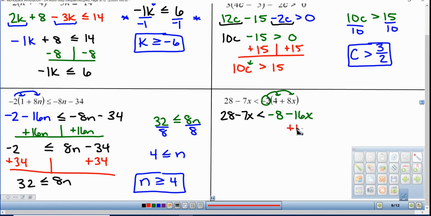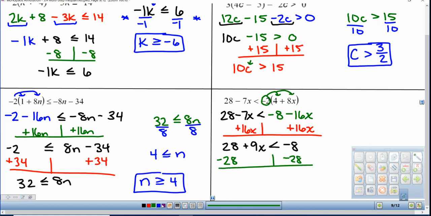I'm going to eliminate the negative 16x, by adding 16x to both sides. So 28, that will become positive 9x less than negative 8, and this will go away. Getting the variable term by itself, I'm going to subtract 28 to get rid of the 28.